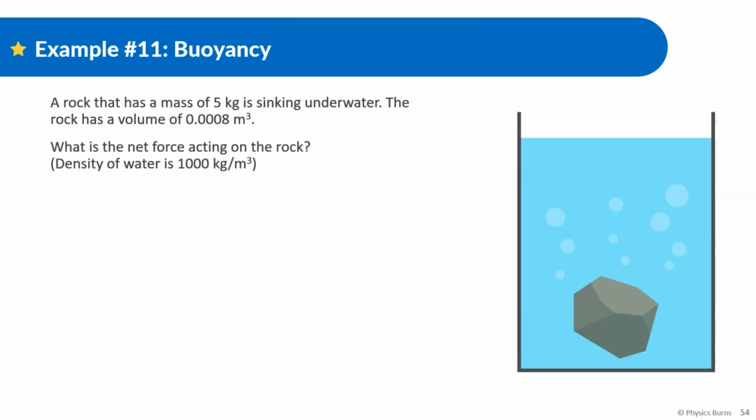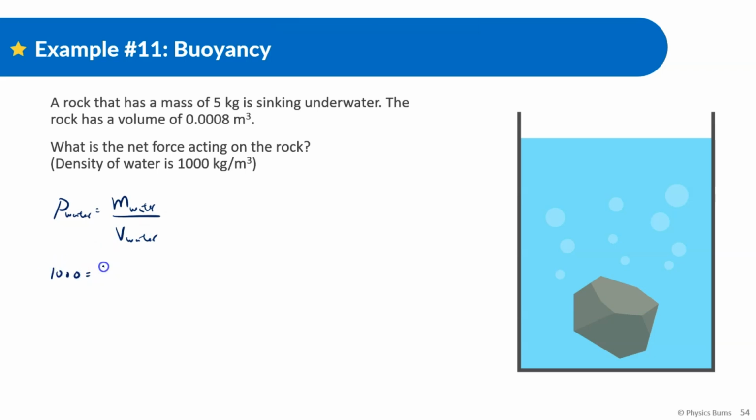A rock that has a mass of 5 kilograms is sinking underwater. The rock has a volume of 0.0008 meters cubed. What is the net force acting on the rock? It's sinking underwater. Okay, great. So what we're going to first do is use the density of the water, which is equal to the mass of the water divided by the volume of the water. We know the density of the water, 1,000.